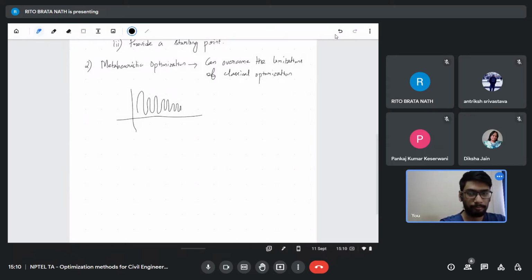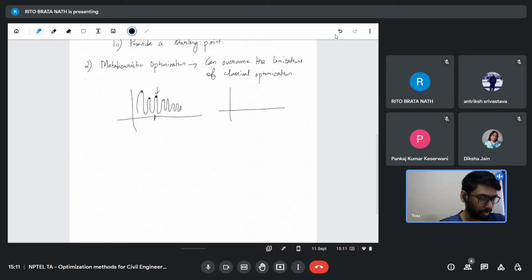You can notice that this is a local maxima, this is a local maxima, this one is another, and so on. So if you use a classical optimization technique like Newton-Raphson's method, and your initial solution is somewhere here, you might end up being here, but you're not getting to the global optima. So those tricky parts will be avoided using meta-heuristic optimization.